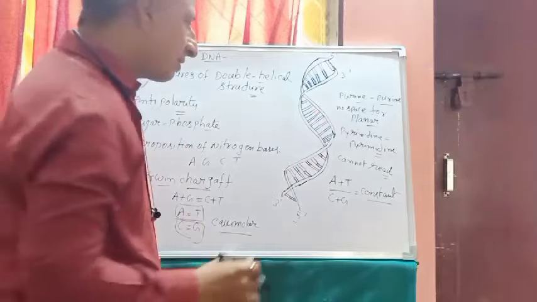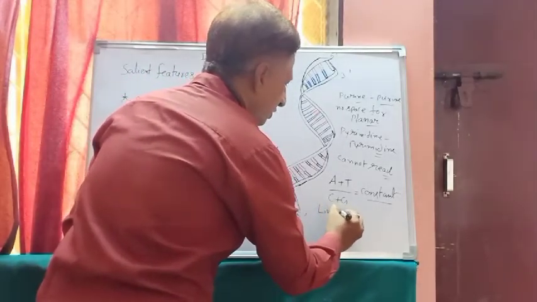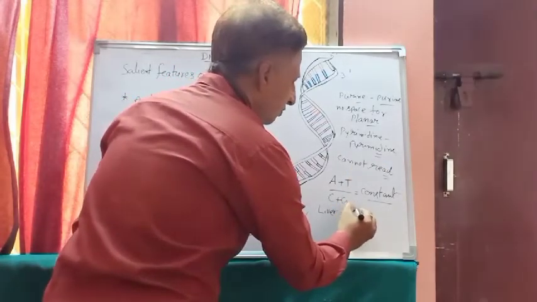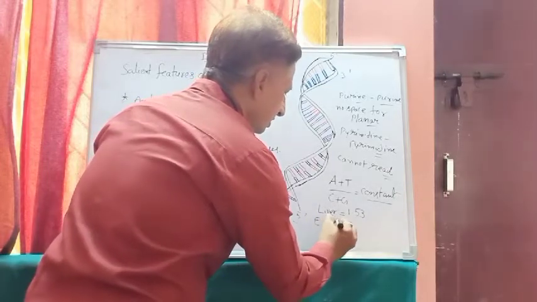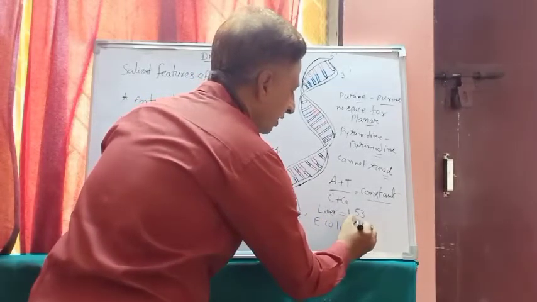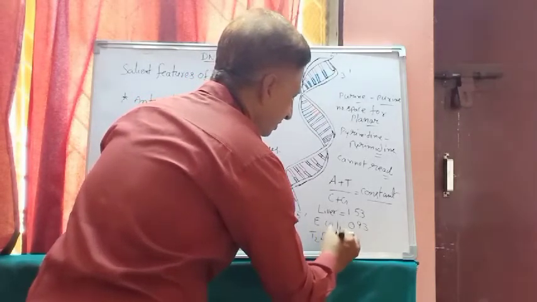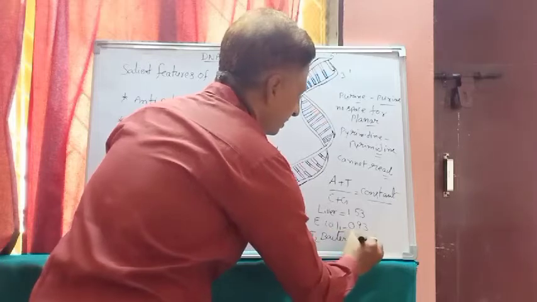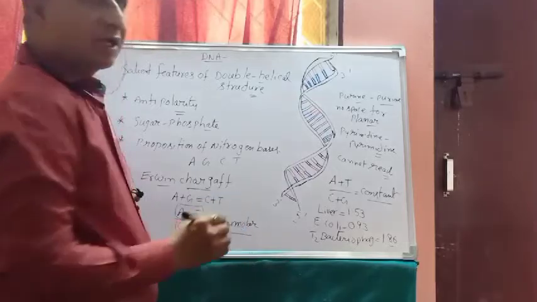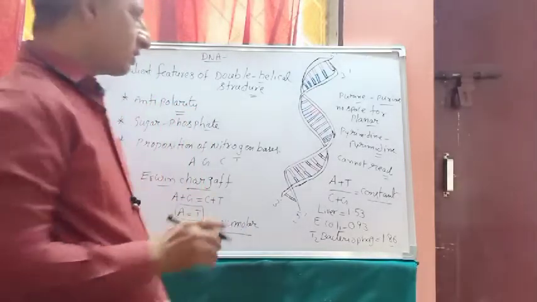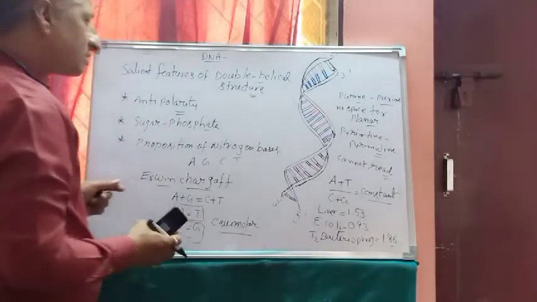That means, let us say, in the human liver this proportion is 1.53, in E. coli it is 0.93, in the T2 bacteriophage it is 1.86. Like this he observed, Mr. Erwin Chargaff. So that is one proportion.